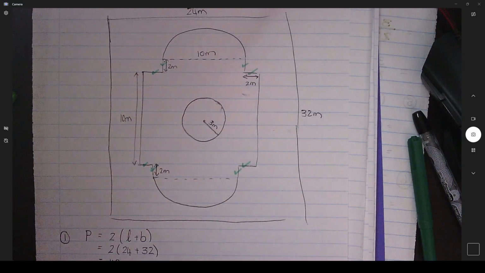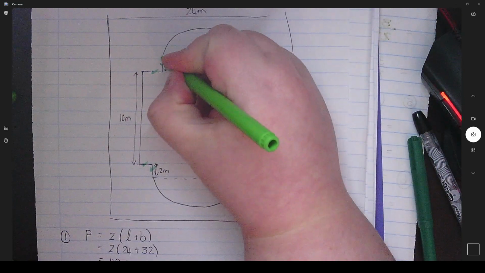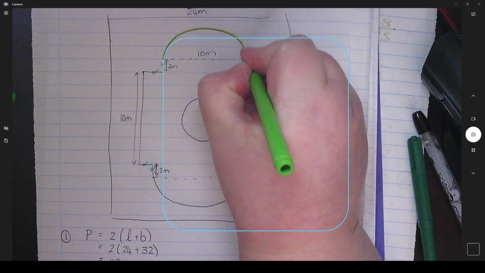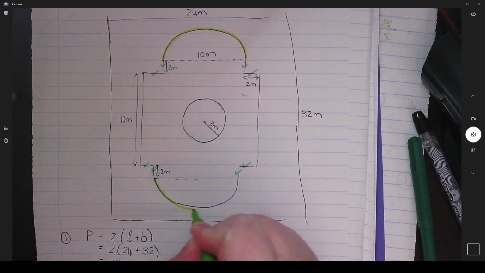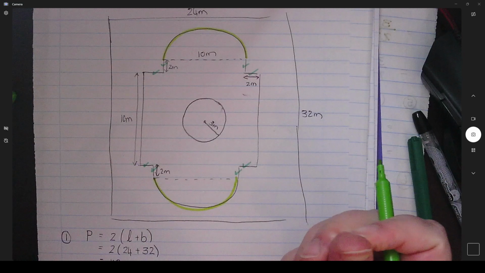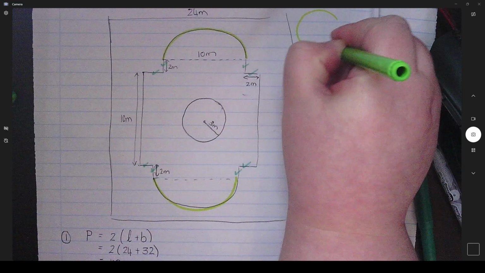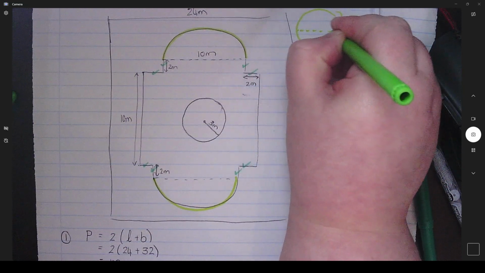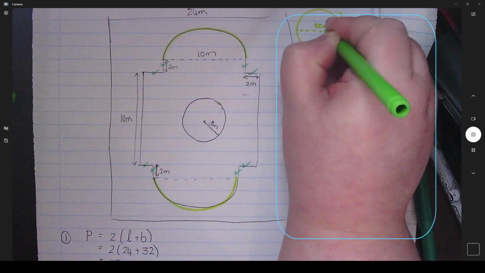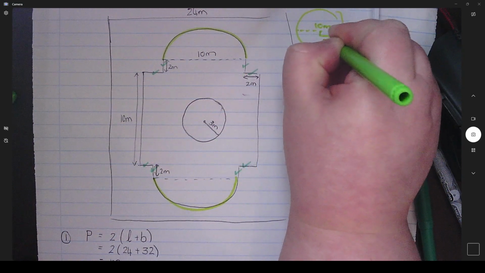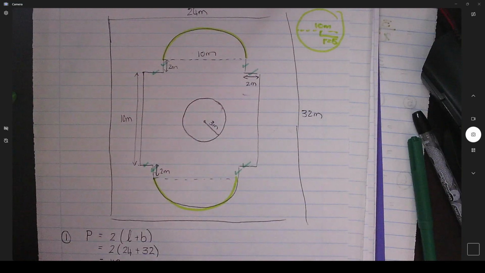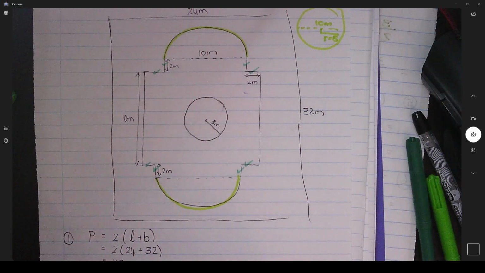Then we want to work out the perimeter of this half circle and this half circle. But together they make one full circle, correct? With a diameter of 10 meters, which means that its radius is 5 meters. Reminder that the radius is half of the diameter.